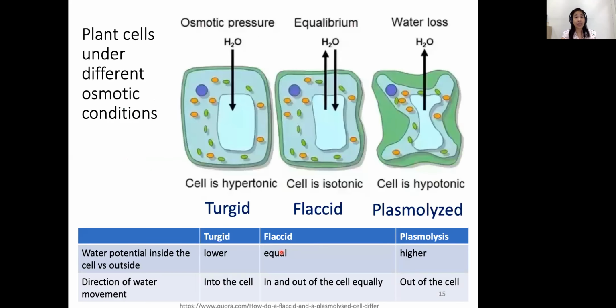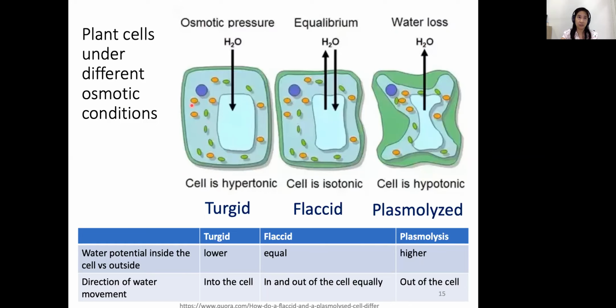So let's take a look at how plant cells are influenced by osmotic conditions. Here we have three conditions: under osmotic pressure, under equilibrium, or under water loss condition. These cells have lower water potential compared to the outside of the cells. What does that mean?